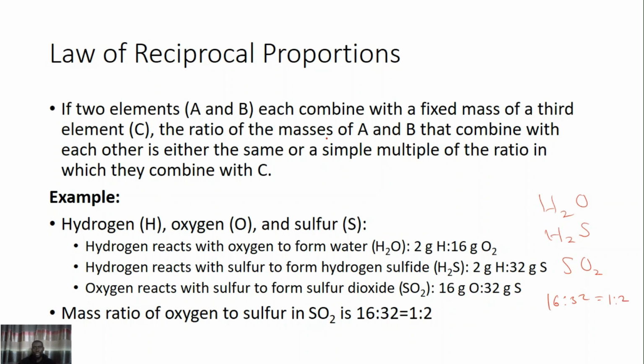So this is what they mean by when two elements A and B, which are oxygen and sulfur, combine with a fixed mass of the third element, which is hydrogen here, the ratio of A and B, that is sulfur and oxygen, that combine with each other in sulfur oxide is either the same or a simple multiple of the ratio in which they combine with hydrogen.